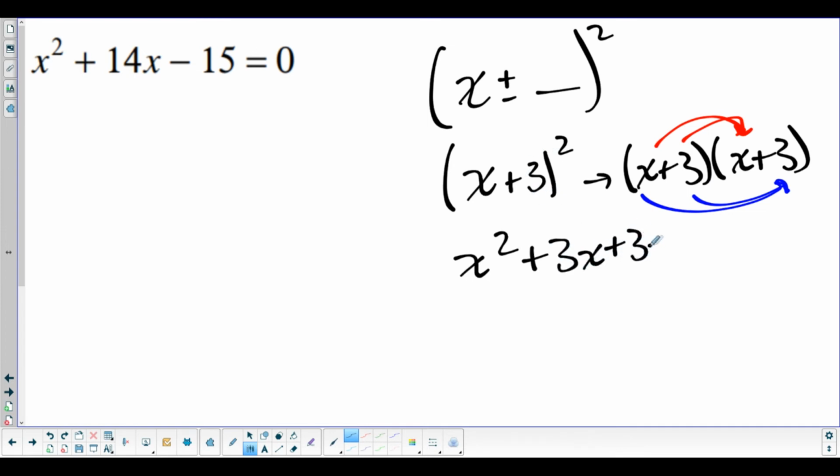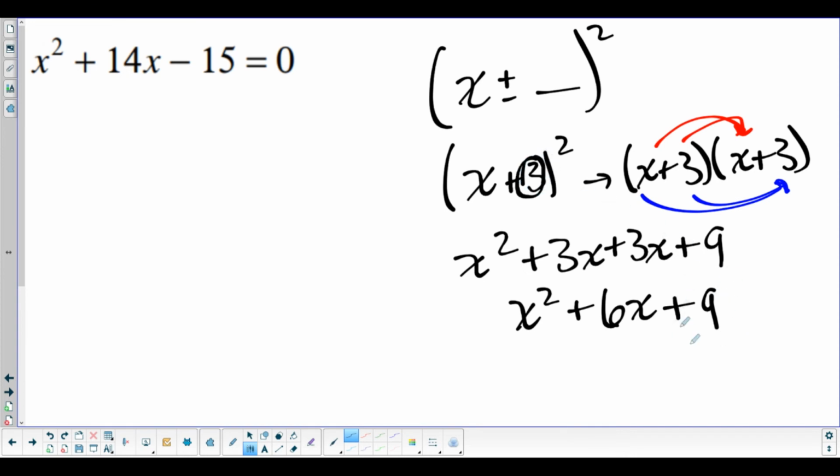So it's going to be plus 3x, and then plus the last term, the constant, times itself, which is 9. Which means you're always going to end up with x squared plus double whatever was on the inside before, x, and then squaring the constant term as a constant right here, okay?